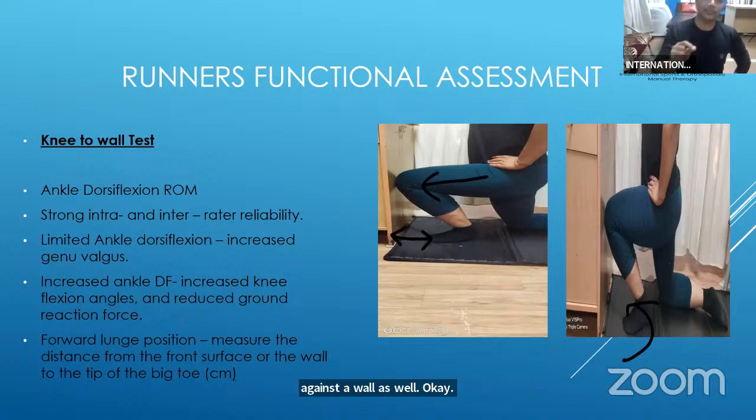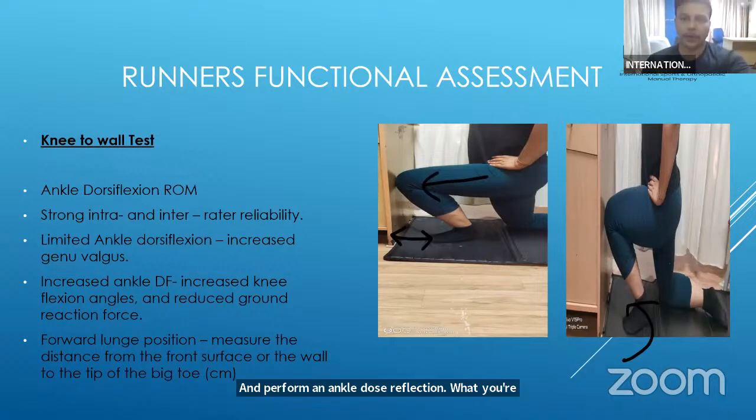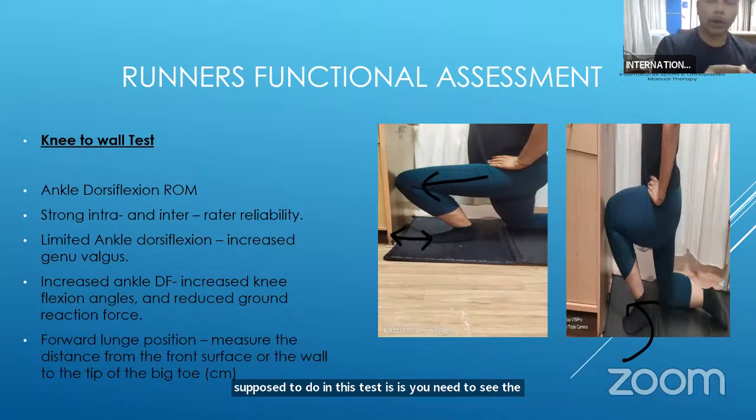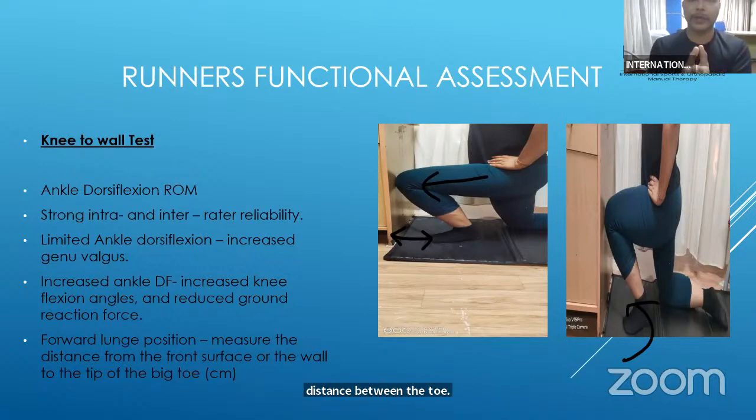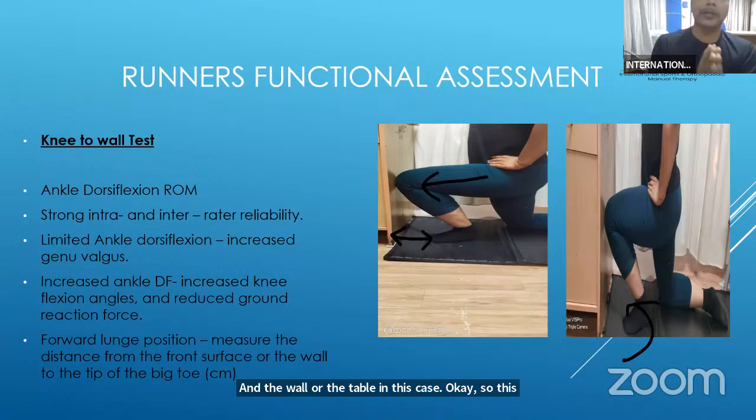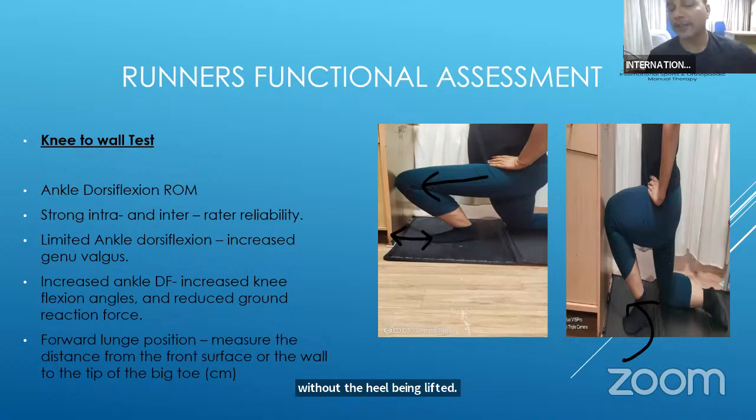What you're supposed to do in this test is see the distance between the toe and the wall, or the table in this case. So this person is doing it against a table, the knee is touching the table, and we are measuring the distance between the great toe and the table without the heel being lifted. Now, if you see the second picture, her knee starts lifting over there.